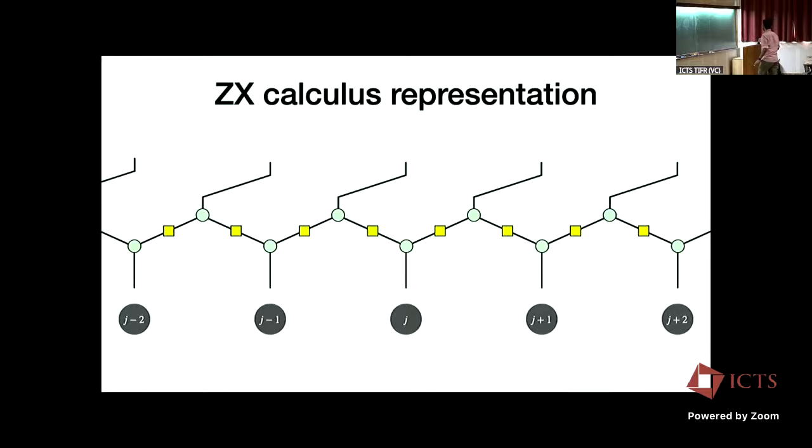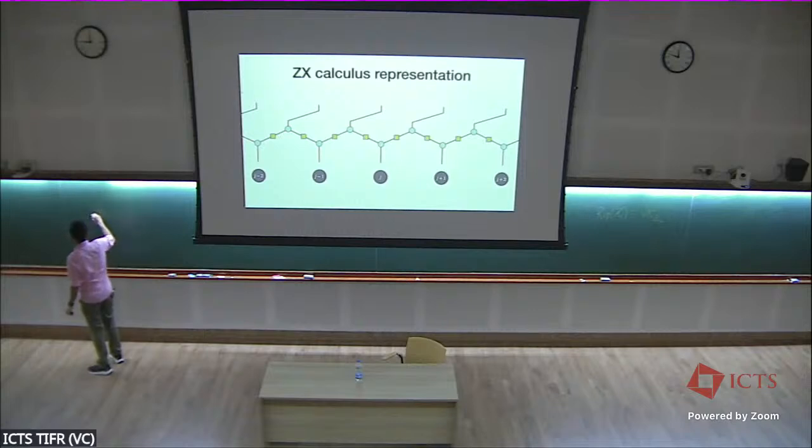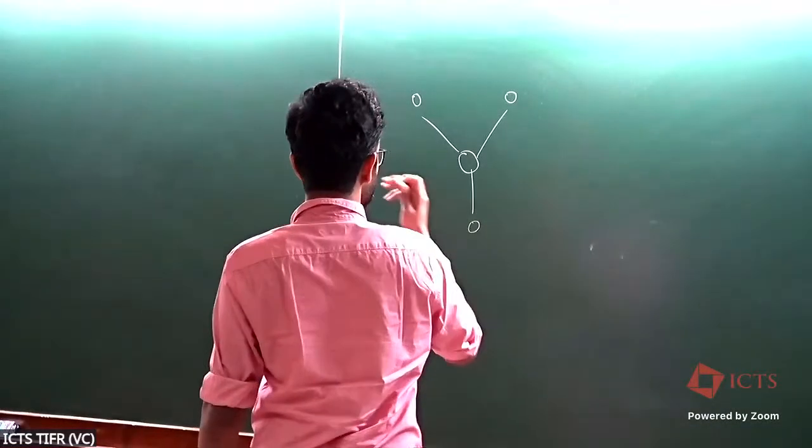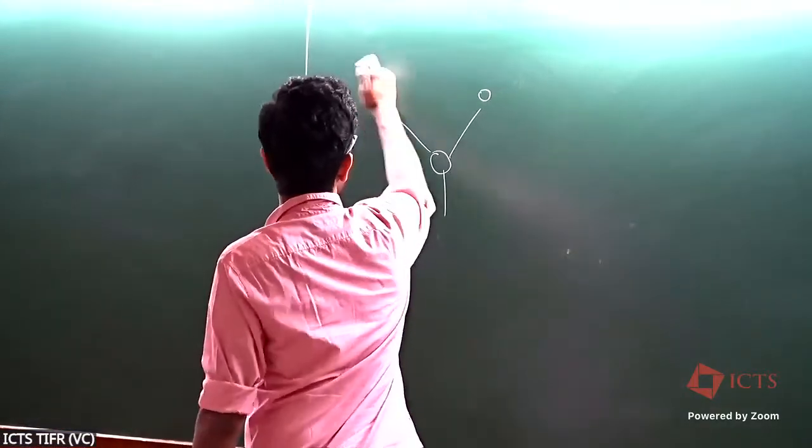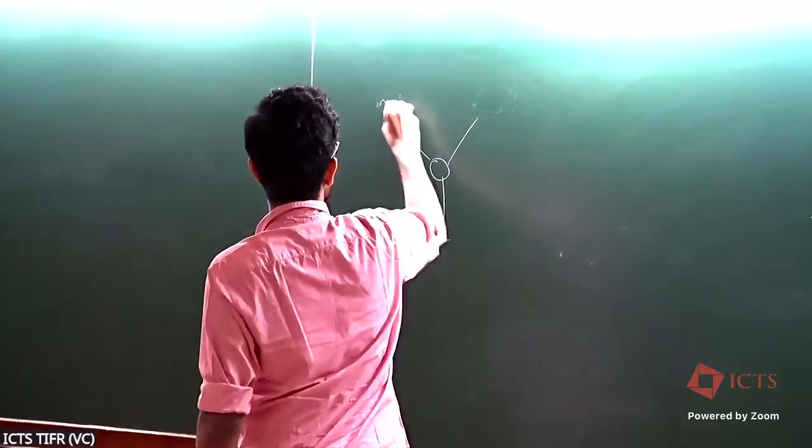Right, so these are the same tensors that appeared in Pranay's talk. Let me write it. This green tensor usually appears in text as a hollow circle. This is the GHZ tensor. Another way of writing this is if you have x, this is x.